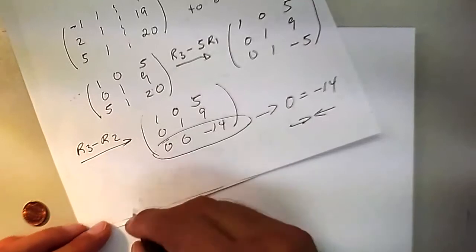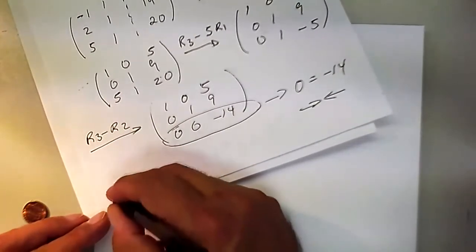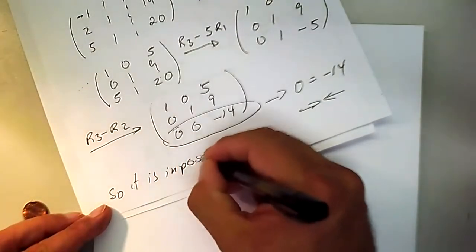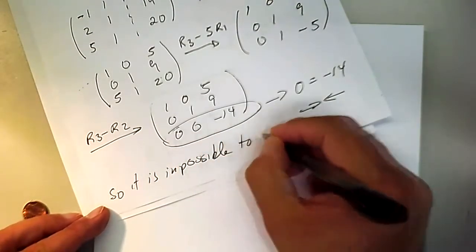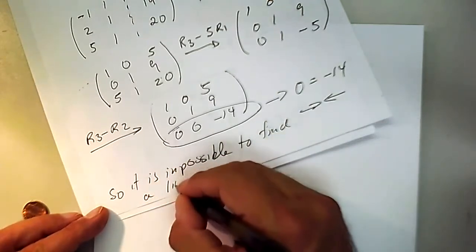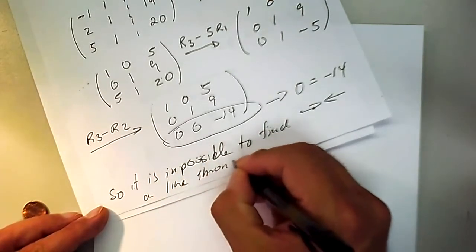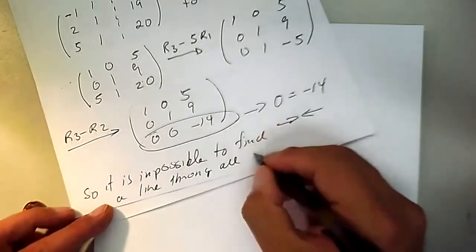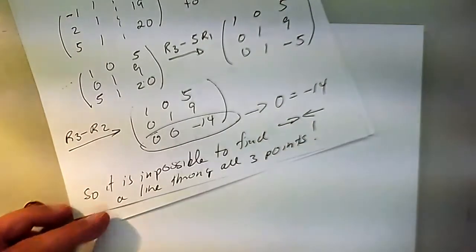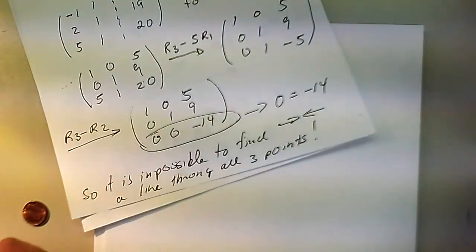I didn't write a conclusion, which we should. So it is impossible to find a line through all 3 points. So a line through 2 points, no problem.